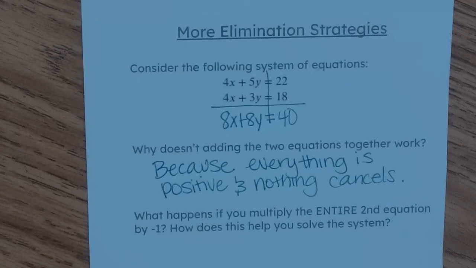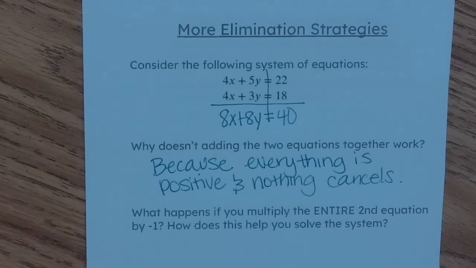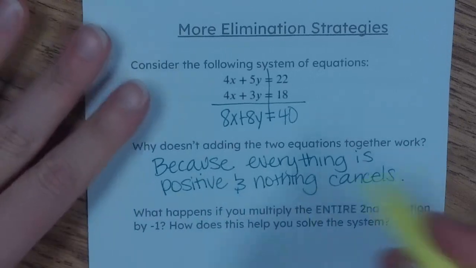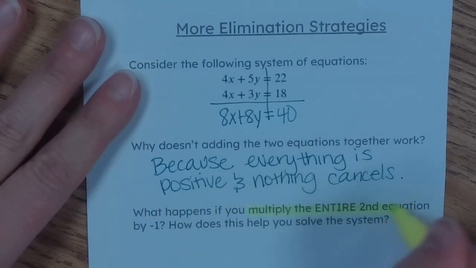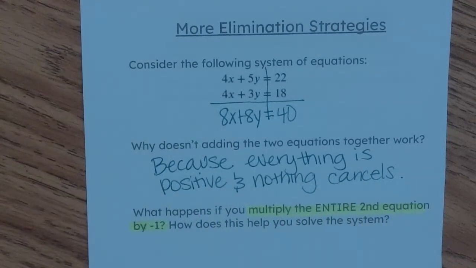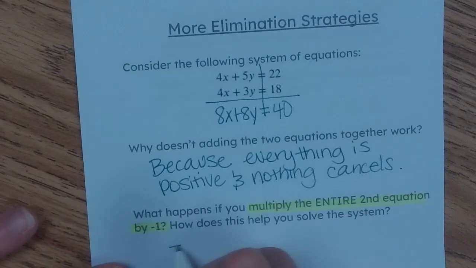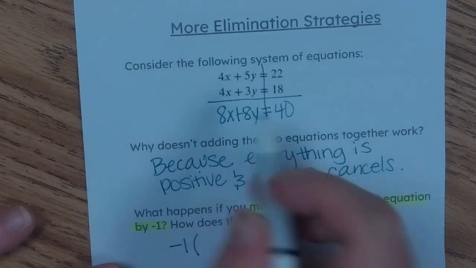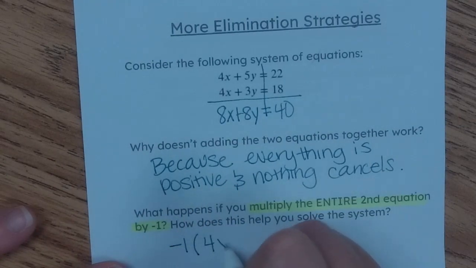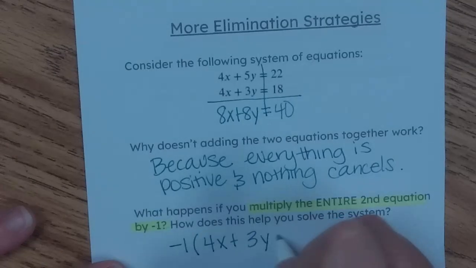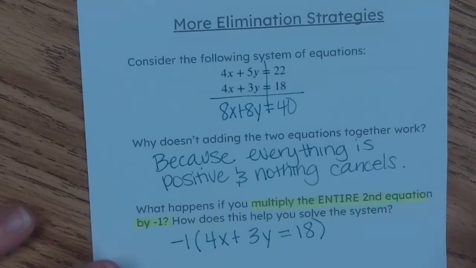So we can do something called multiply the entire equation by a specific number. So we are going to try multiplying the entire second equation by negative 1. So here is my second equation. I'm going to put a negative 1 outside parentheses, and I'm going to write my equation. 4x plus 3y equals 18. Okay?